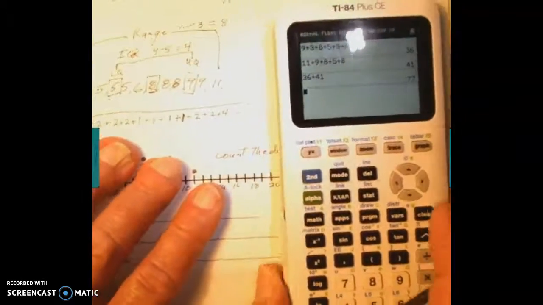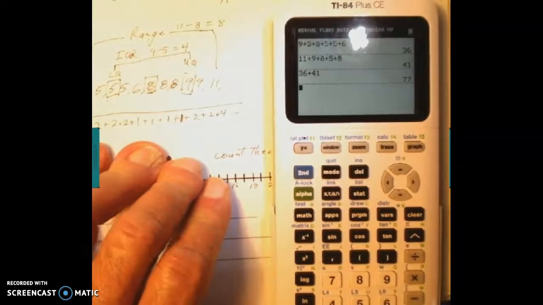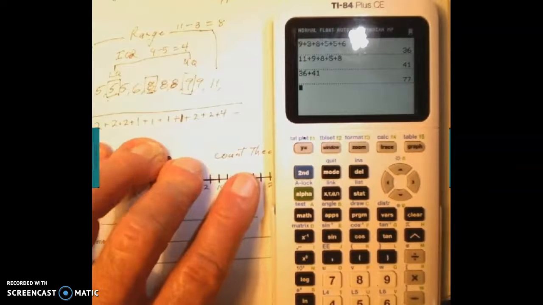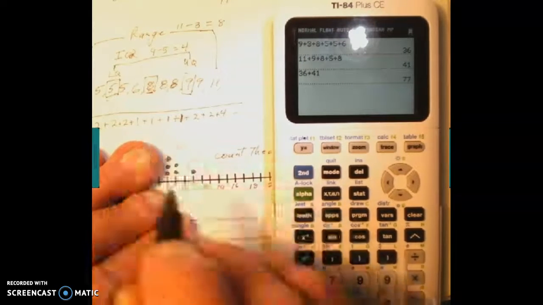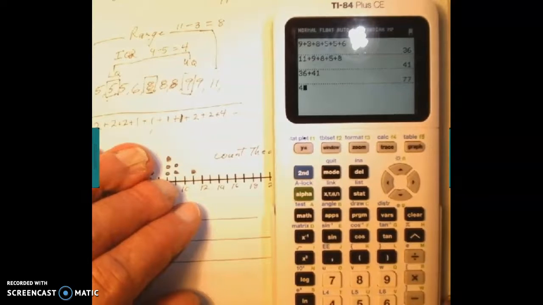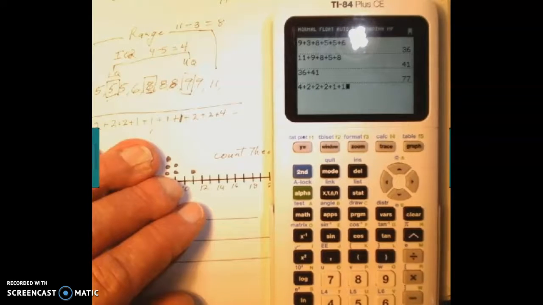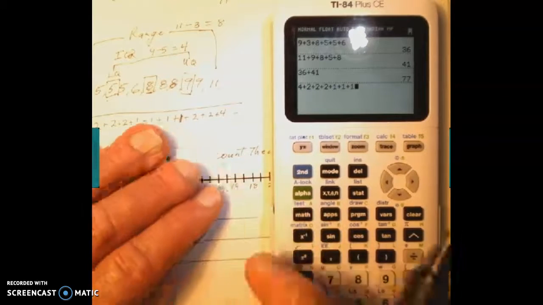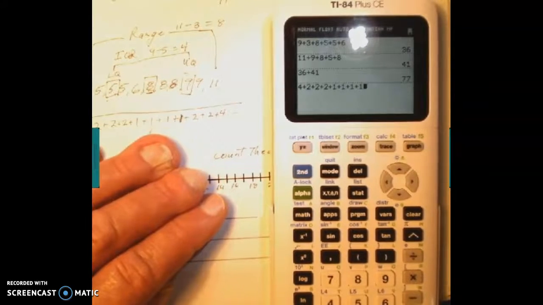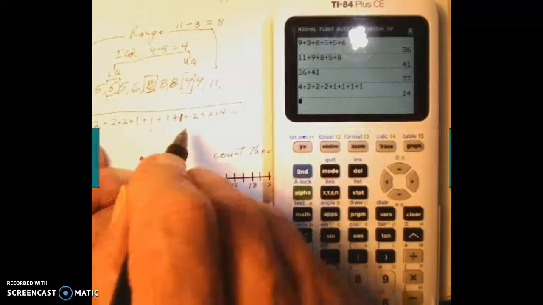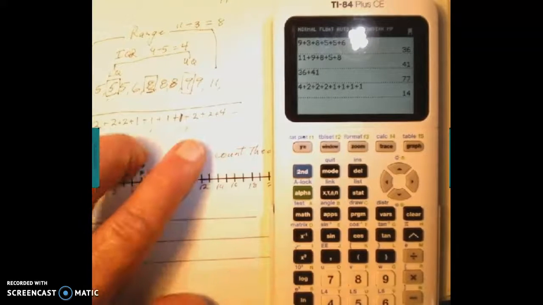I'm running a little bit long on time here, so I'm going to run it through in 2 groups again. So 4 plus 2 plus 2 plus 2 plus 1 plus 1 plus 1. I'm going to get that, plus one more 1. I'm going to get all the 1s in there. That adds up to 14 up to here.